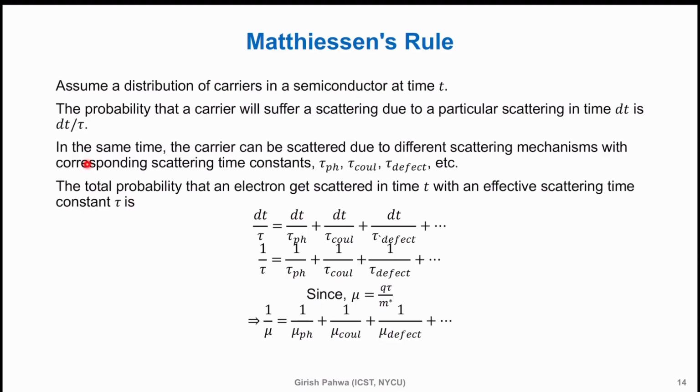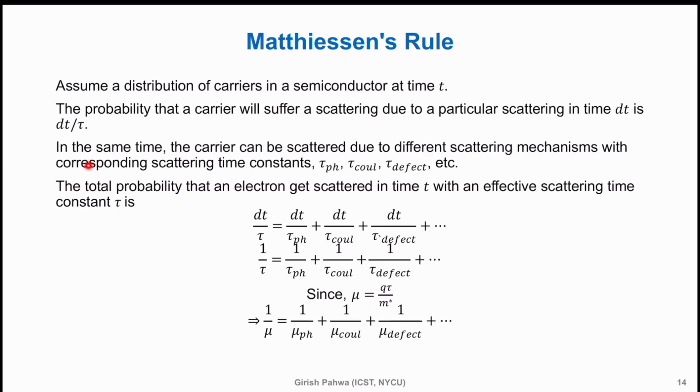Now in the same time, of course, the electron can get scattered because of different types of scattering. So that increases the probability of an electron getting scattered. Say the probability because of phonon scattering is dt by tau 1. Because of Coulombic scattering it is dt by tau 2. What will be the total probability that it will get scattered in time dt?